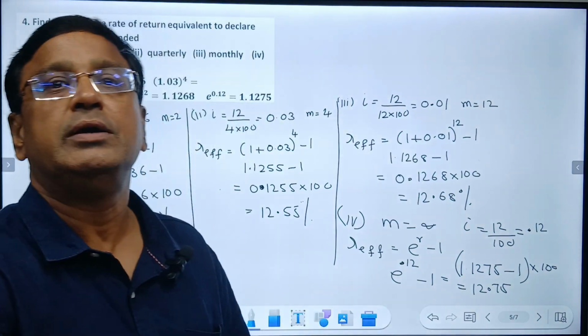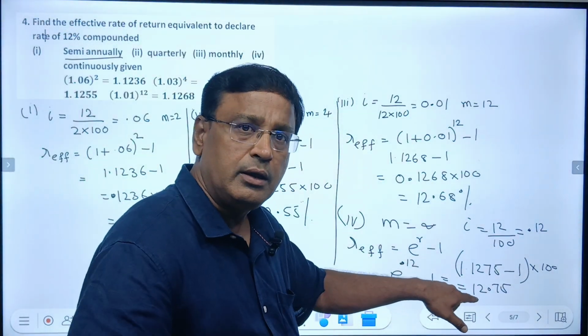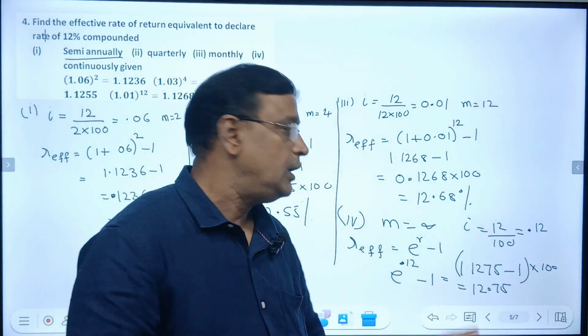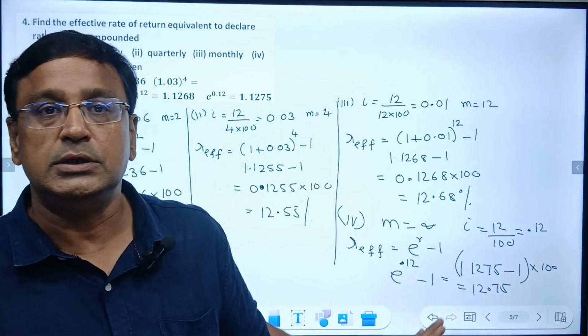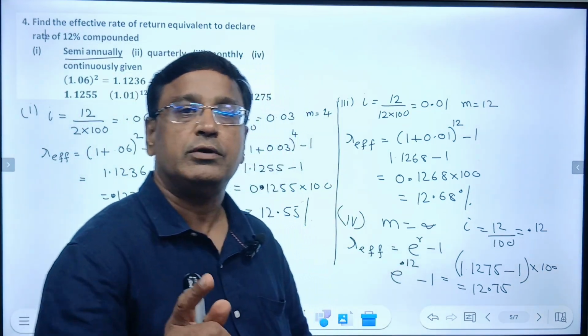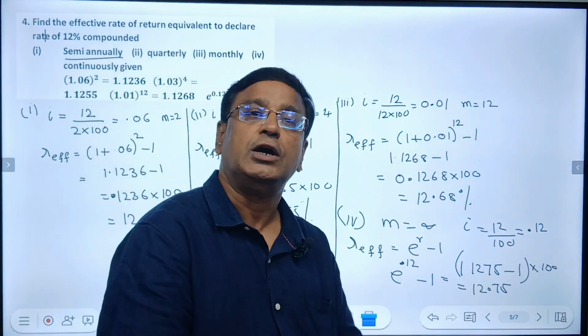It is still 12.75 only. After a certain period, the value will stop increasing. It will revolve around 12.75. Your effective rate of interest will not cross 12.75 if it is continuous.